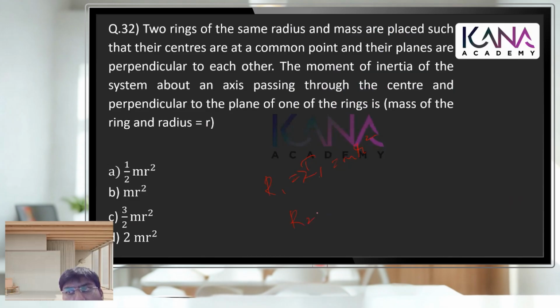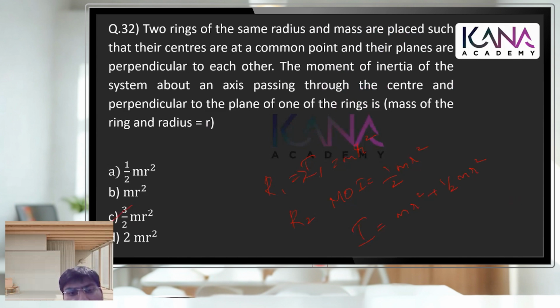And ring 2 has the axis lying in its plane, so the moment of inertia about a diameter is 1 by 2 m r square. So the total I is m r square plus 1 by 2 m r square. So this will be 3 by 2 m r square.